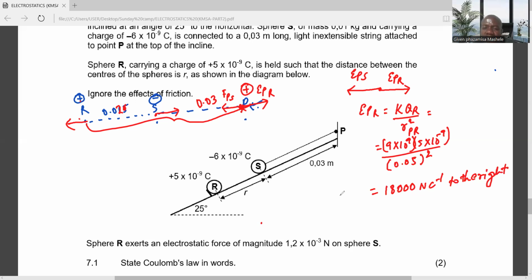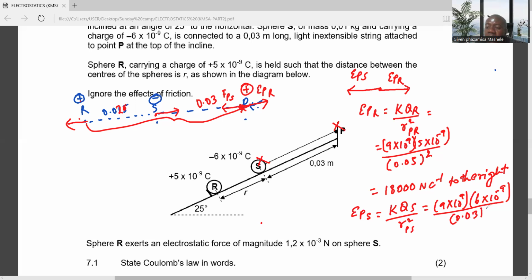Now let us calculate the electric field at P due to S. This will be KQ, with Q at S, over r squared, the distance between P and S. K is 9 times 10 to the power of 9. Q at S, the negative charge, is 6 times 10 to the power minus 9. The distance between P and S is 0.03 squared.